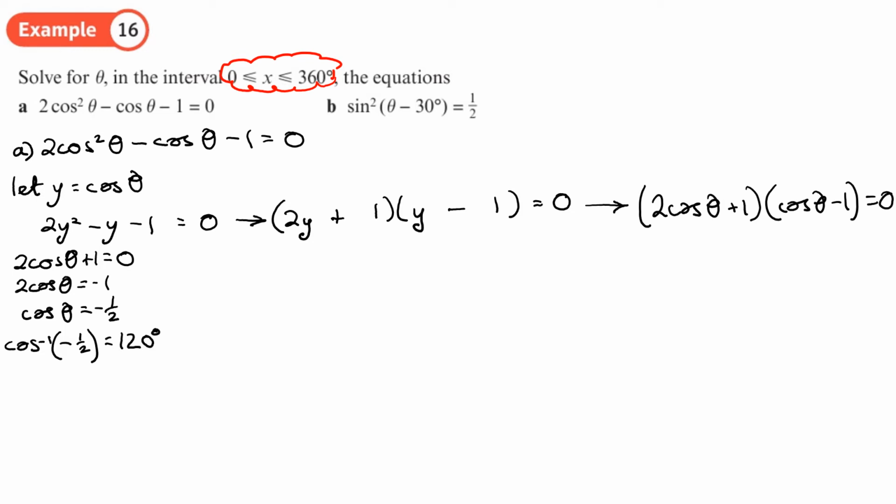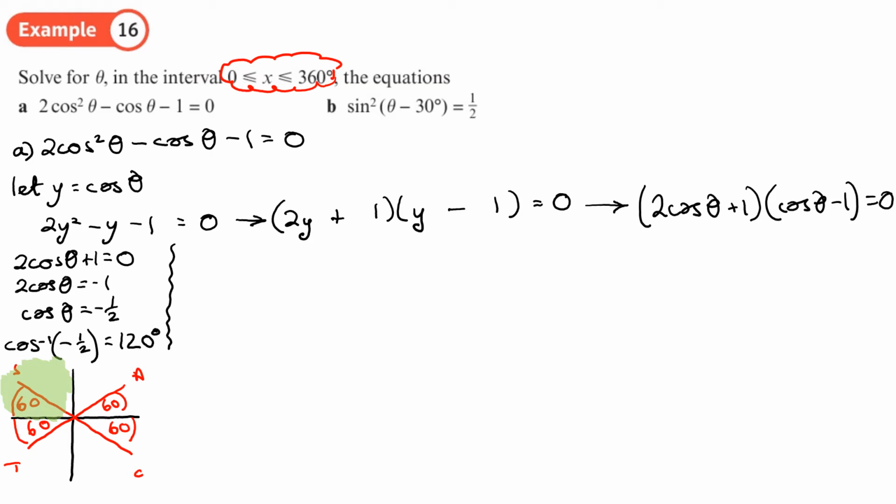Now I'm going to use my CAST diagram to find any other solutions. So 120 degrees is over here. If that's 120 degrees, that means this gap here is 60 degrees. So these are all 60s. C-A-S-T. My principal solution landed here, where cos is negative.